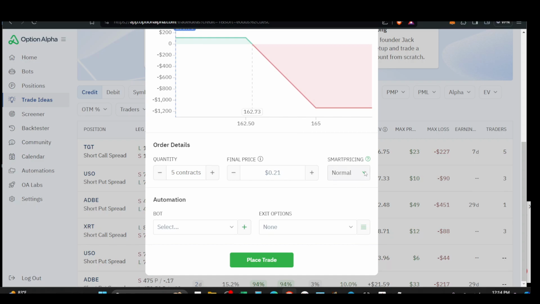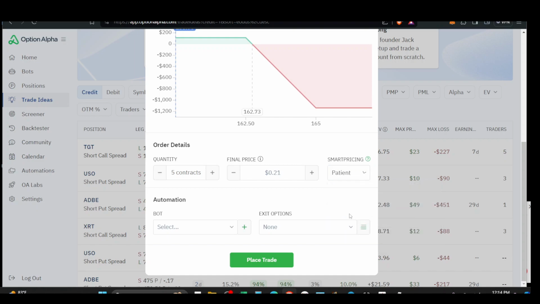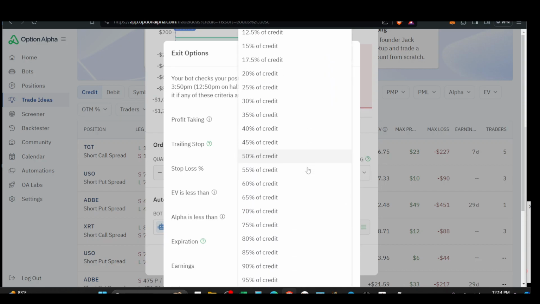And here, smart pricing, I will use patient up to 5 price, or I can use normal, so I will use smart pricing under patient. So which bot do I want? I will put this one under short put and then exit option. So I can take 100% because I have like 95% probability of profit.